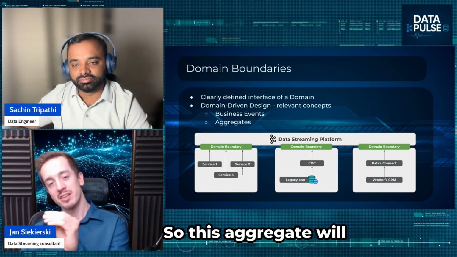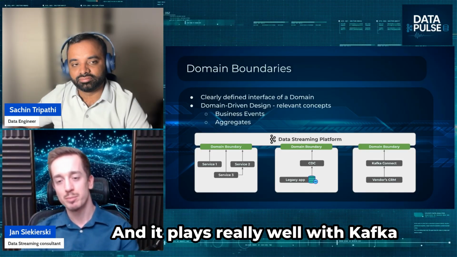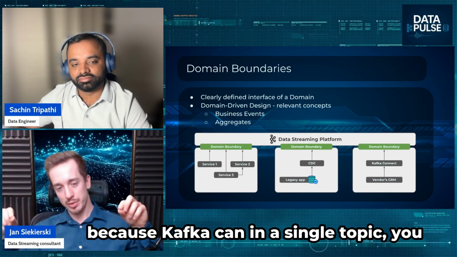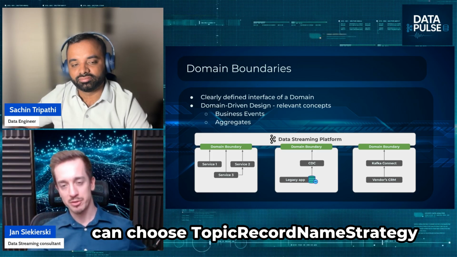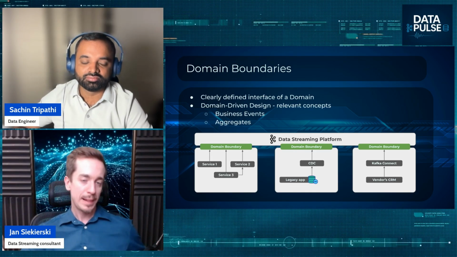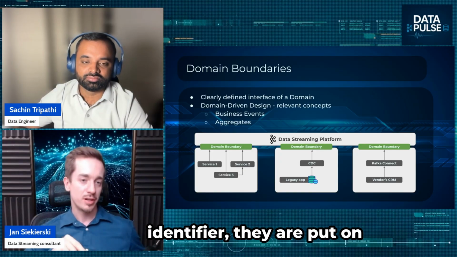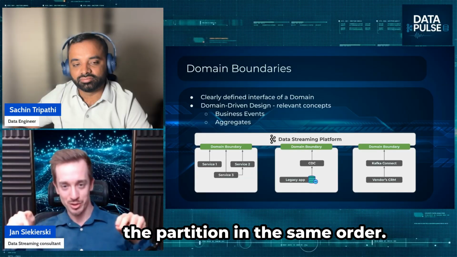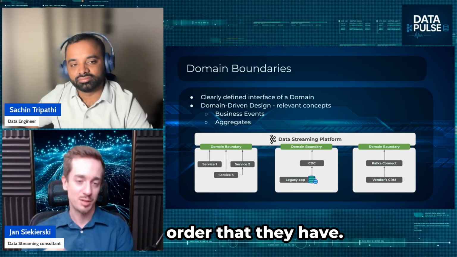So this aggregate will have multiple business events, and it plays really well with Kafka because in a single topic, you can choose a topic record name strategy that allows you to have multiple different schemas in the same topic. And then as long as they share an identifier, they are put on the partition in the same order, so they can be processed in the same order that they happen.